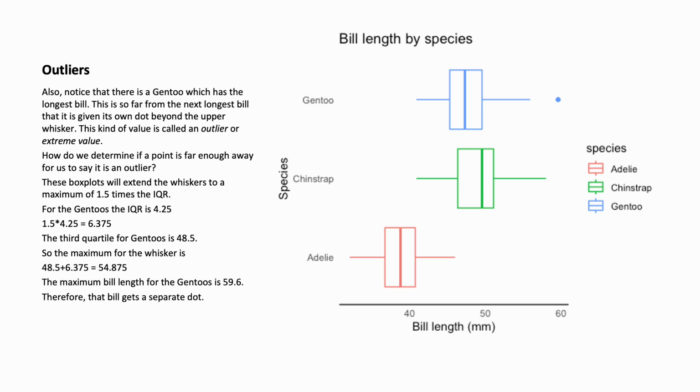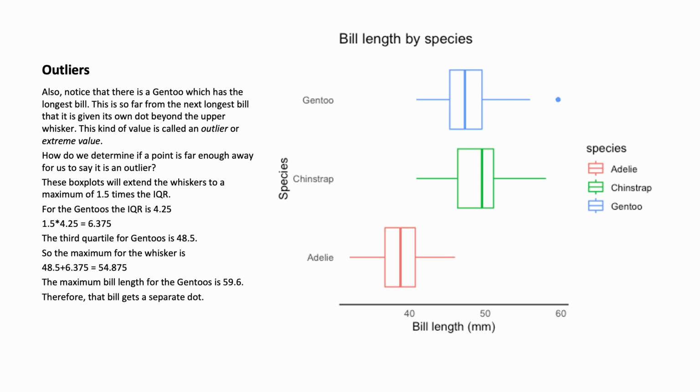So it's just going to sound like a lot of multiplying and subtracting and so on, but that's okay. So for the Gentoos, the IQR is 4.25. So we take 1.5 times 4.25, which gives us 6.375. The third quartile for Gentoos is 48.5.